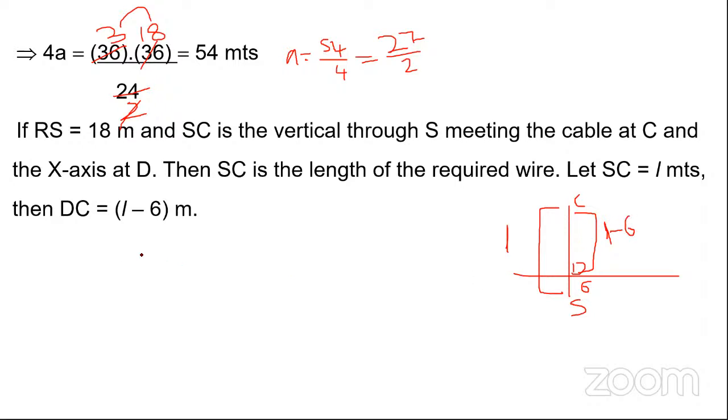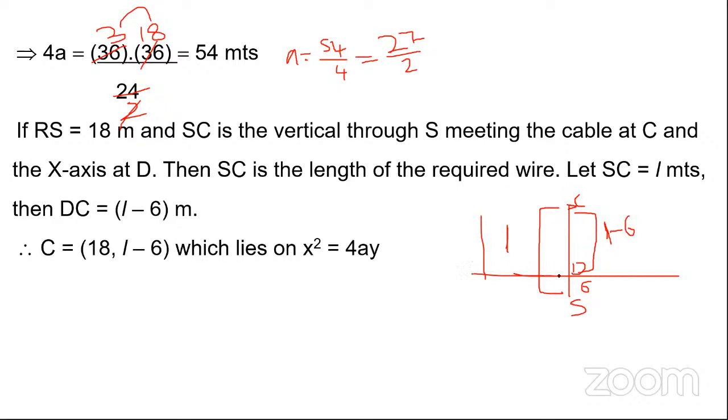So DC is L minus 6 meters. Then C, from the midpoint, has horizontal length 18, and the vertical length is L minus 6.